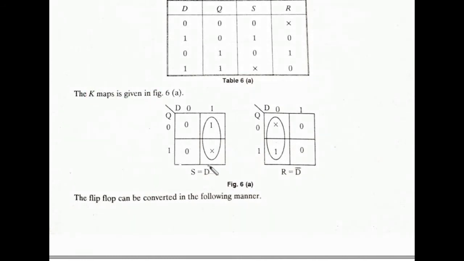For the combination we use a K-map. Now this is a K-map for D and Q, this one is for S, and this is for R. So here we find that S equals D. This is the relationship: Set equals D, and R equals D bar, reset equals D bar.